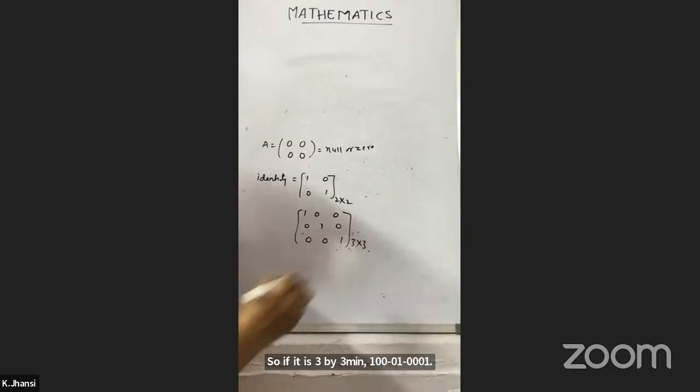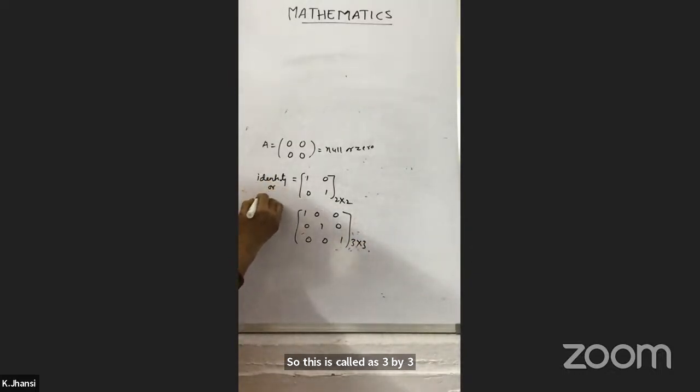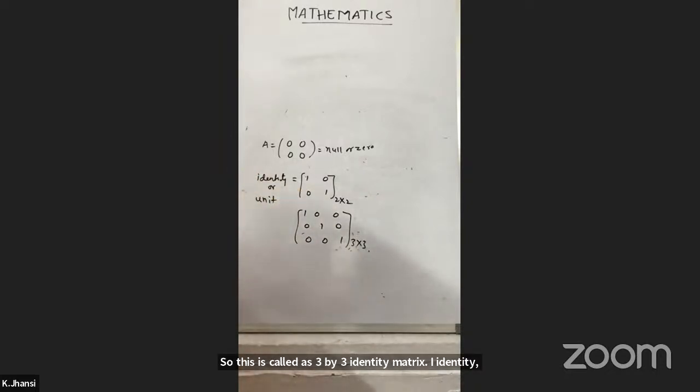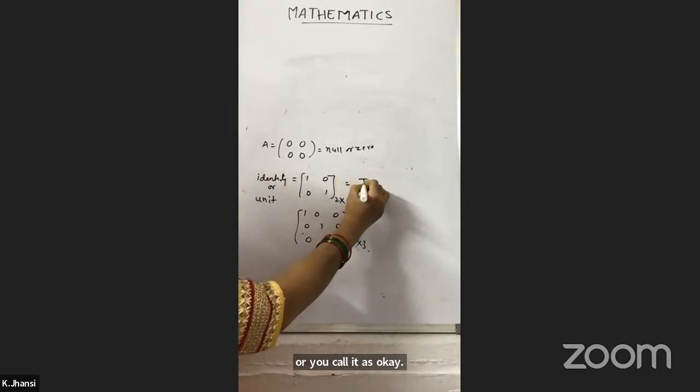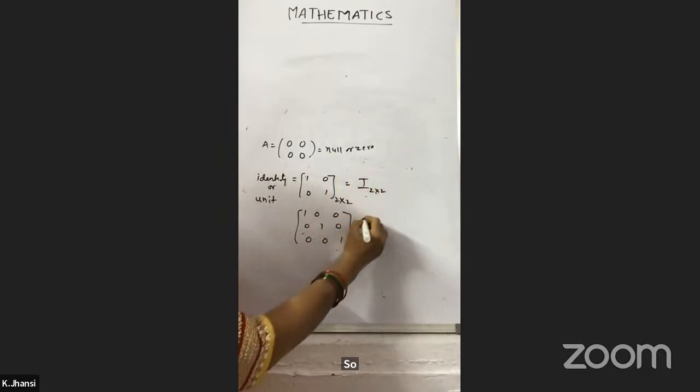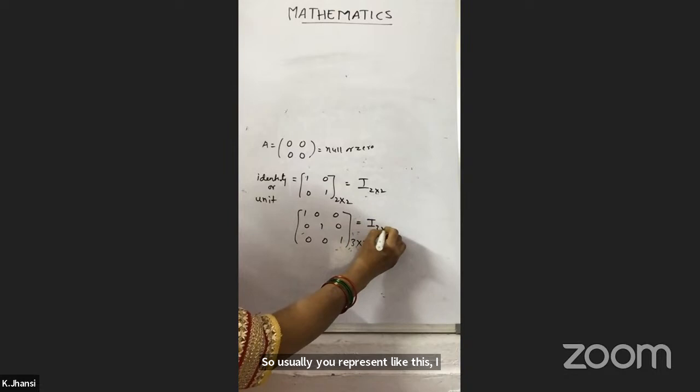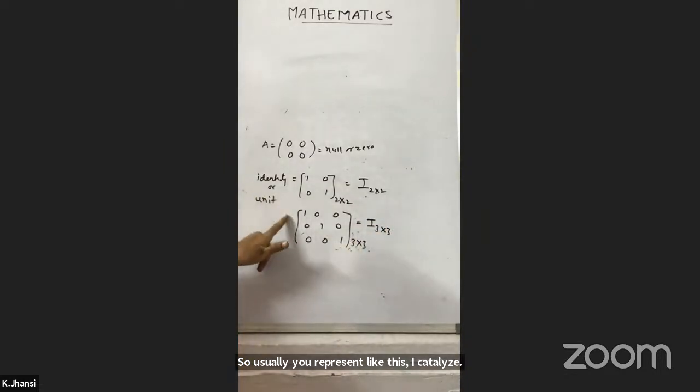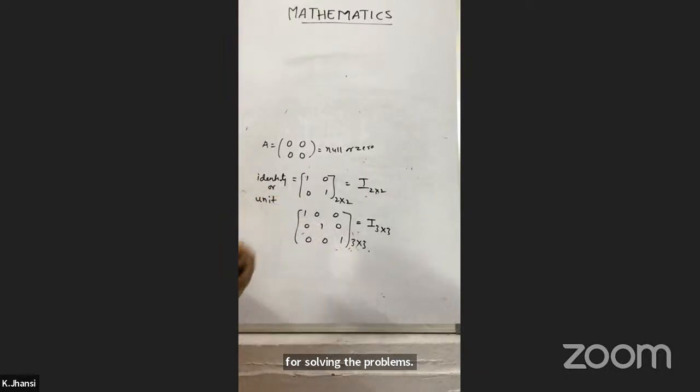So this is called the 3 by 3 identity matrix. Identity, or you can call it a unit matrix. Usually you represent it like this: capital I, 2 by 2. This is I, 3 by 3. Okay. So the unit matrix is important for solving problems also. So different definitions are there on matrices.